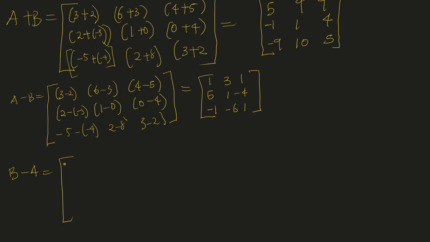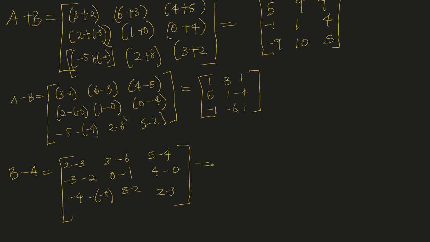So B minus A is what? 2 minus 3, right? 3 minus 6, 5 minus 4, and this is going to be minus 3 minus 2, and this is going to be 0 minus 1, and this is going to be 4 minus 0, this is going to be minus 4 minus minus 5, and this is going to be 8 minus 2, and this is going to be what? 2 minus 3, right?